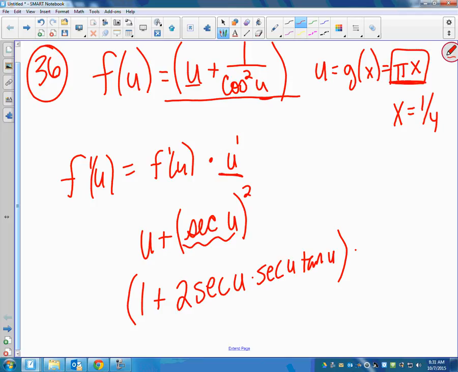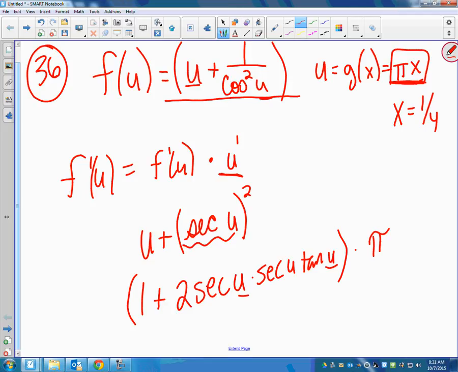So if u equals pi x, what's the derivative of pi x? Just pi, because it's just like if it was 3x, so then I also have to say times pi out here. If you substituted pi x in there, then everywhere that there's a u here, that would say pi x, right?